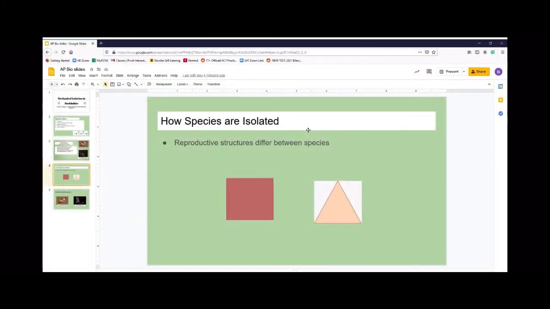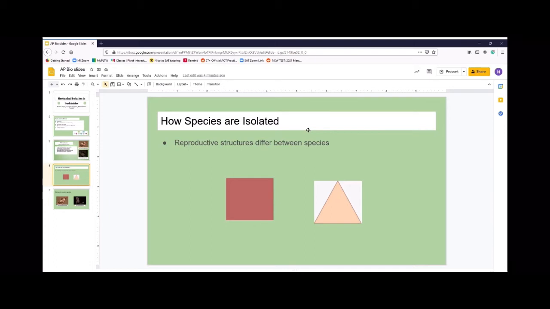So bush babies are isolated through mechanical means because their reproductive structures differ between species, meaning that each bush baby species has its own unique genital shape. What this means is that the male genital of one species is only able to fit into the genital of the female of its own species.